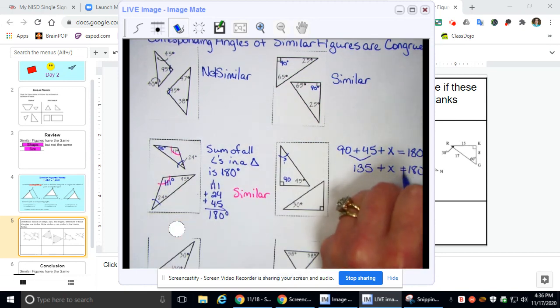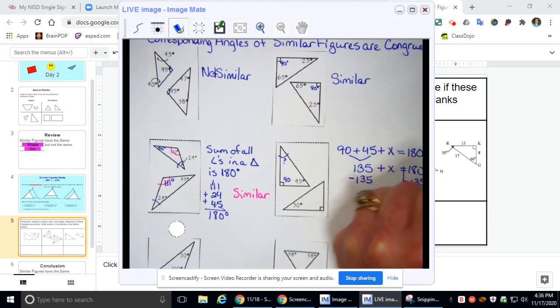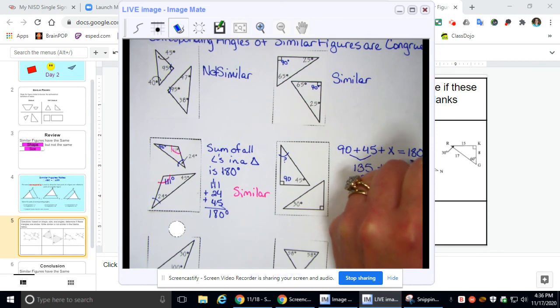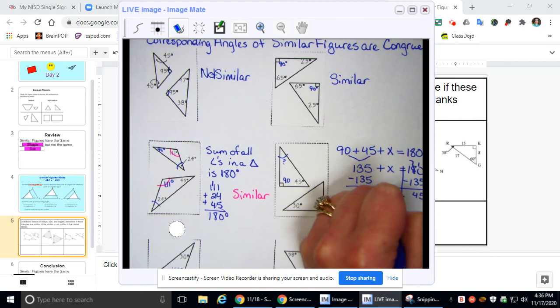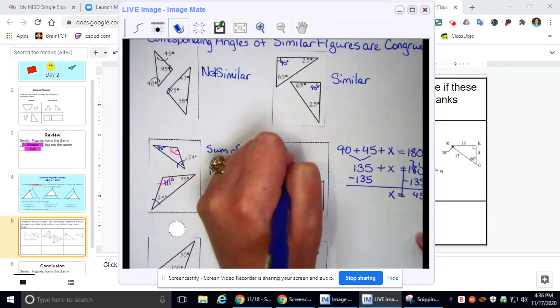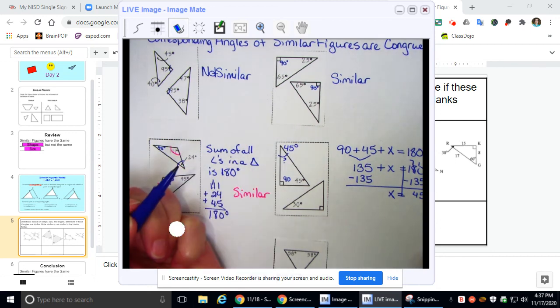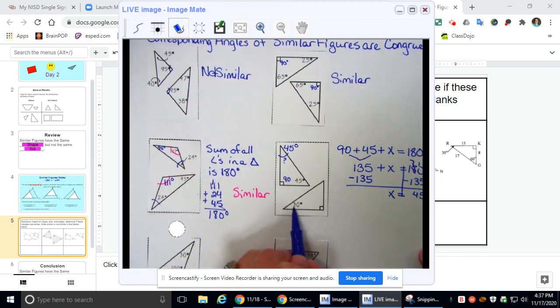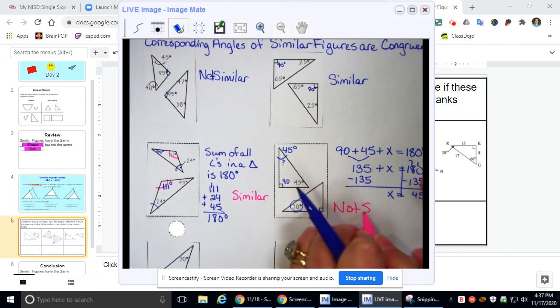Okay, let's solve that equation. Minus 135 minus 135 with our inverse operations. 45 degrees is the measure of that third angle. So this is a 45, 45, 90 right triangle, and this is a 30, 90, 30. Not congruent, is it? These triangles are not similar.